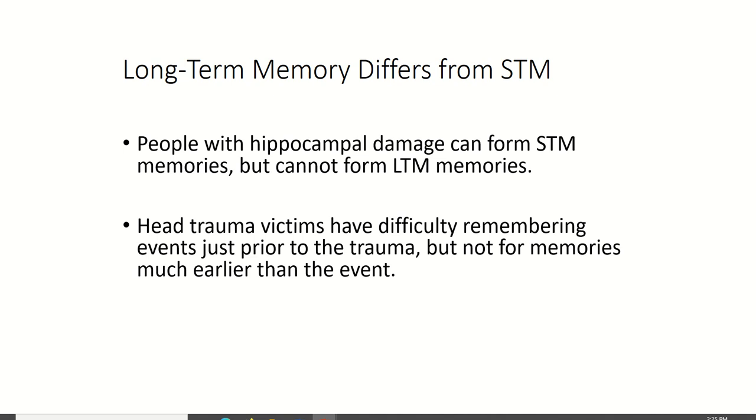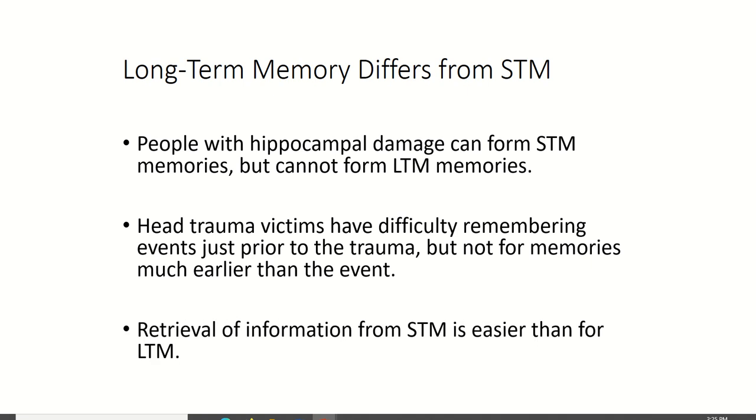Similarly, when you have a concussion or some other form of head trauma, oftentimes people have trouble remembering what happened right before they got the concussion, but not much more long-term memories about their childhood and so forth. So short-term memory gets affected in that case, whereas long-term memory is largely preserved. In general, there's also research documenting that accessing information from short-term memory is easier than from long-term memory.